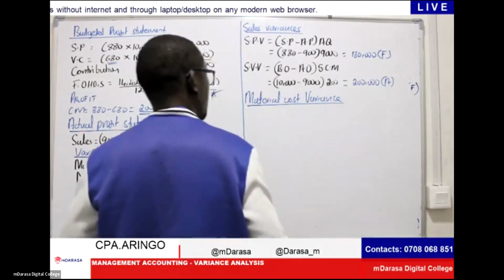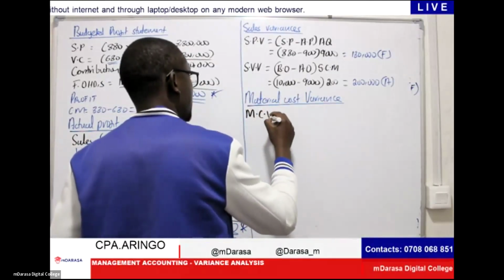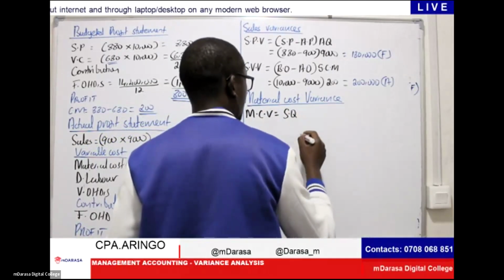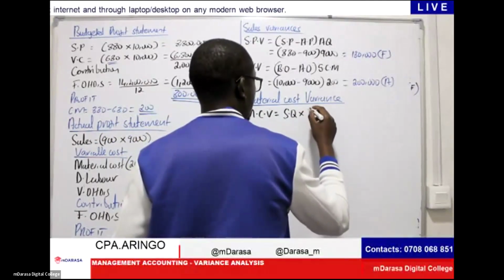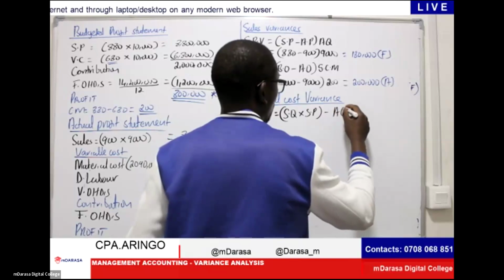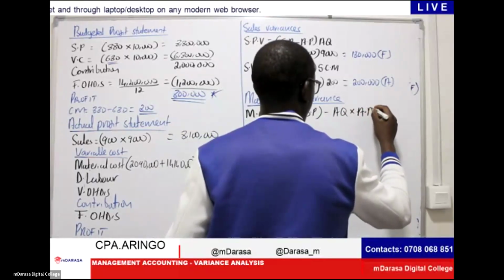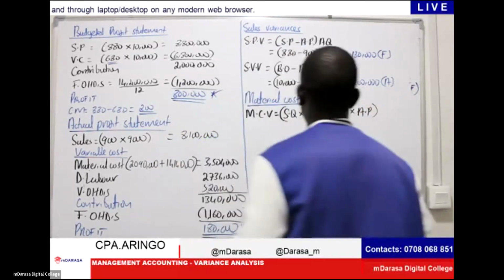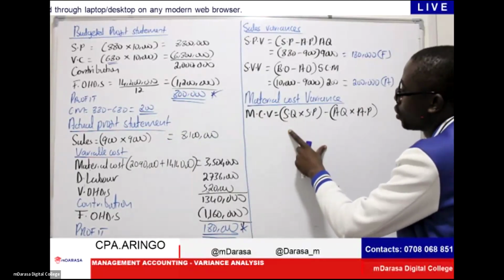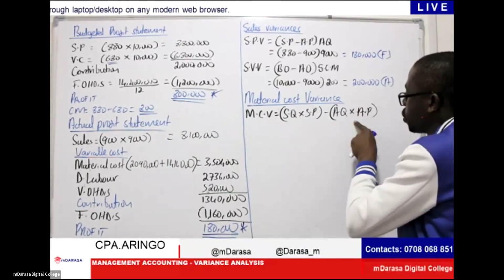And you know very well that for us to compute material cost variance, all I'll need to do is to have my standard quantity times our standard price, less actual quantity times our actual price. This is the budgeted material cost less our actual material cost.